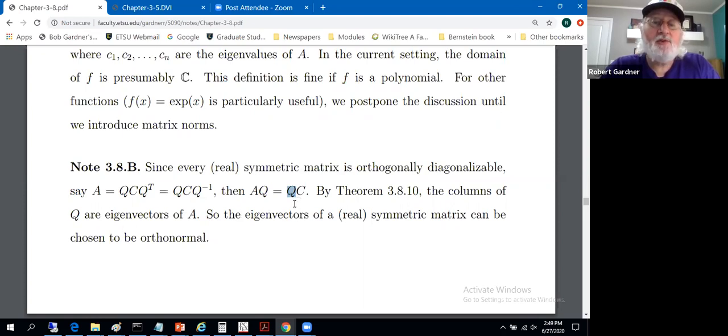And being an orthogonal matrix and containing the eigenvectors of A, that means we have a collection of orthonormal eigenvectors for that matrix A. They're the columns of matrix Q. Remember, matrix Q contains eigenvectors of matrix A. If Q happens also to be an orthogonal matrix, then those columns are orthonormal. So then you've got a collection of n orthonormal eigenvectors for a real symmetric matrix.